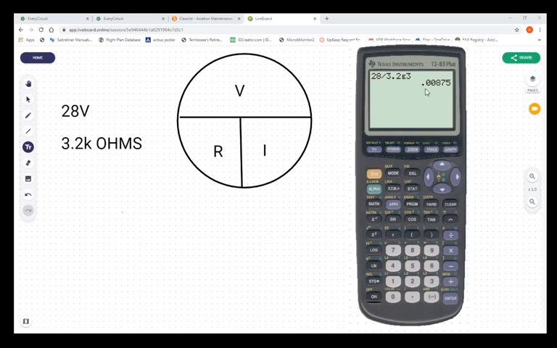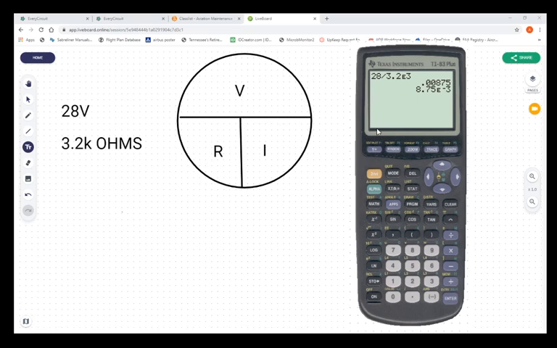Now I want you guys to see what happened. Here's how it expressed our number, decimal 00875. I have no idea what that is. I don't have time to calculate that. But when I hit enter again, I get 8.75 milli. 28 volts divided by 3.2 k ohms will give me 8.75 milliamps of current.